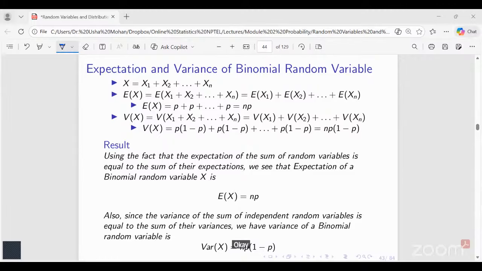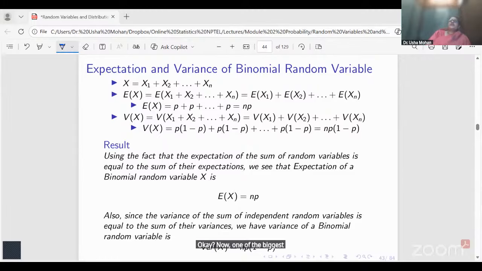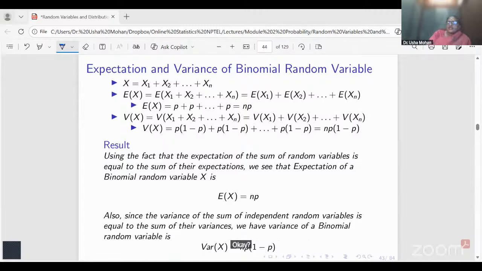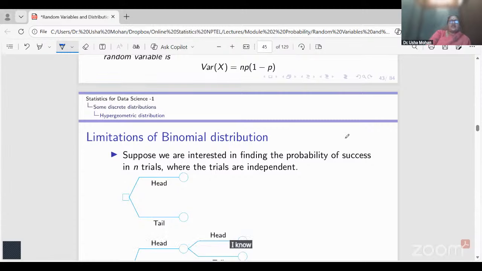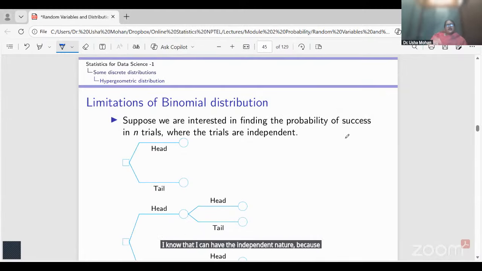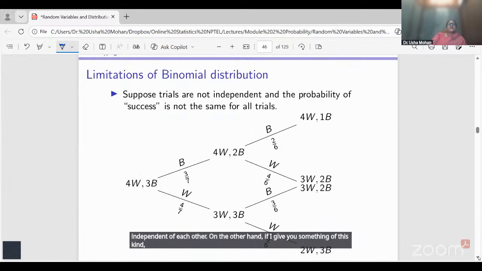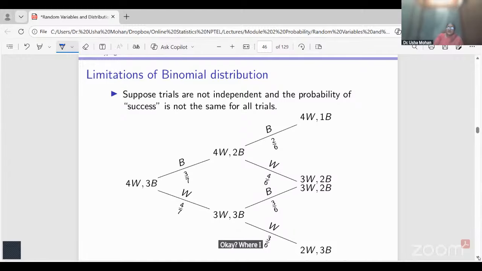Okay. Now, one of the biggest limitations of the binomial distribution was the independent nature of the trials. But suppose I give you a trial of this kind. When I'm tossing a coin, I know that I can have the independent nature because head and tail in the first toss and head and tail in the second toss are independent of each other. On the other hand, if I give you something of this kind, where I start with a bag with 4 white balls and 3 black balls.